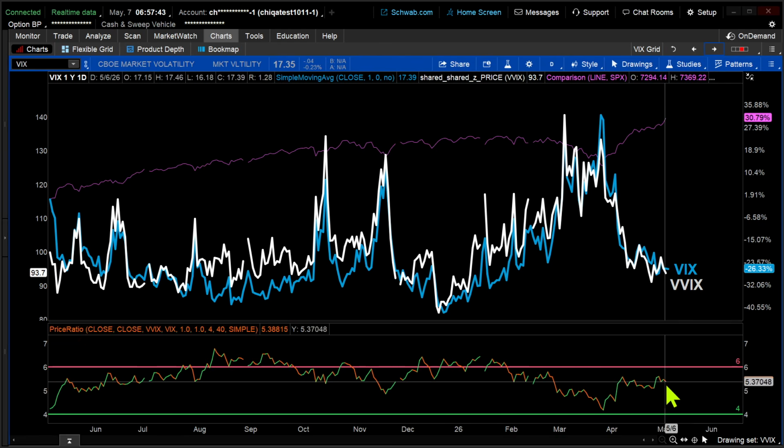Now, the VVIX price ratio is currently sitting at about 5.4, below that extreme level of 6. It's kind of in that no man's land between 4 and 6 in this particular case, which suggests that VIX, if it's falling, is neither really expensive nor really cheap. And number two, where this price ratio sits suggests that institutional investors, while they may be starting to nibble at some of those hedging products, are not doing it at an extreme.